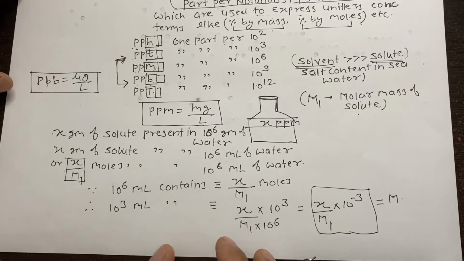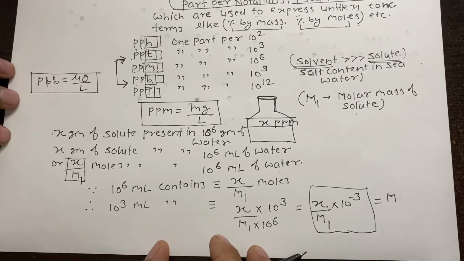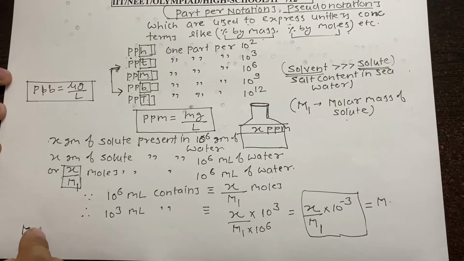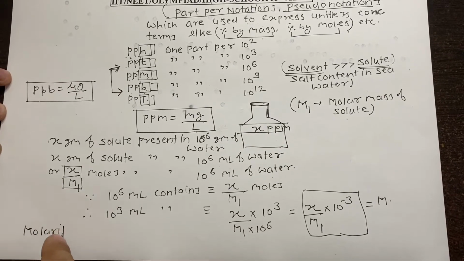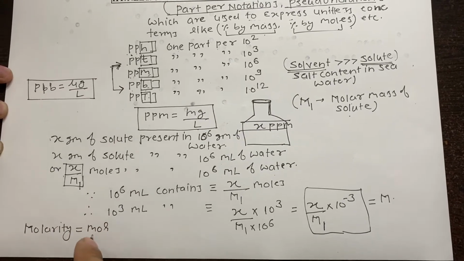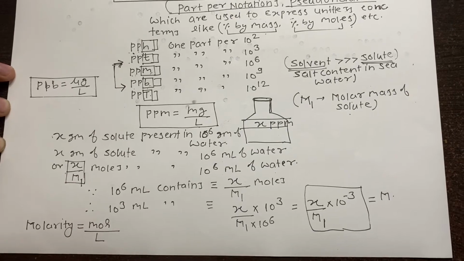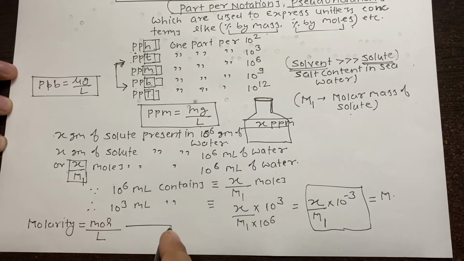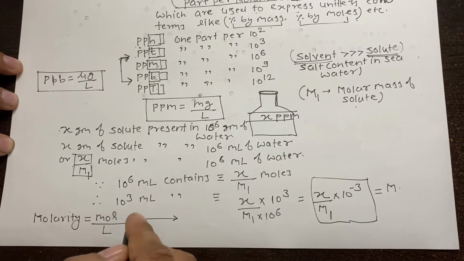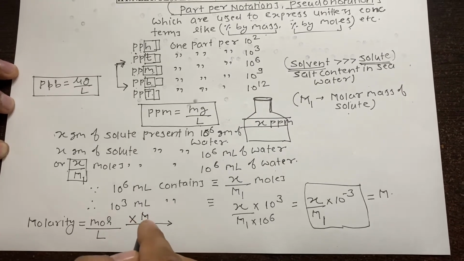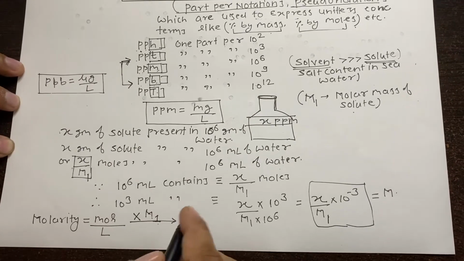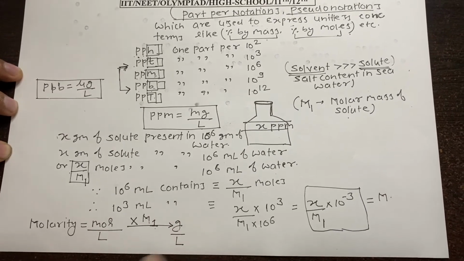So this is a very important relation: molarity can be easily converted into parts per million. Molarity is defined as moles of solute per liter of solution. Moles per liter can be converted into gram per liter by multiplying by the molar mass of solute, m1.